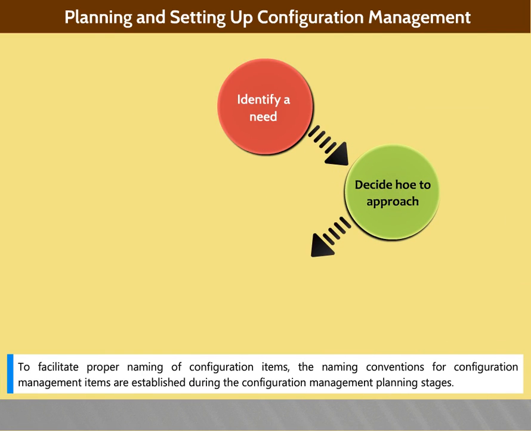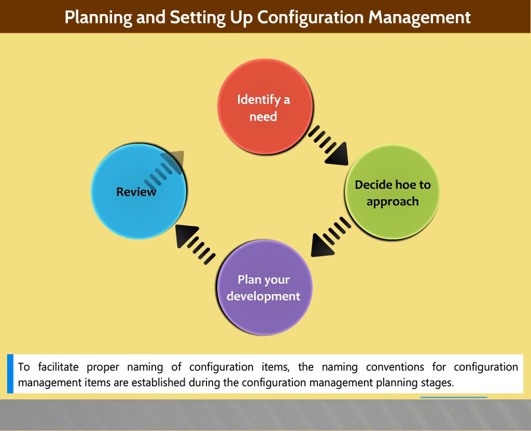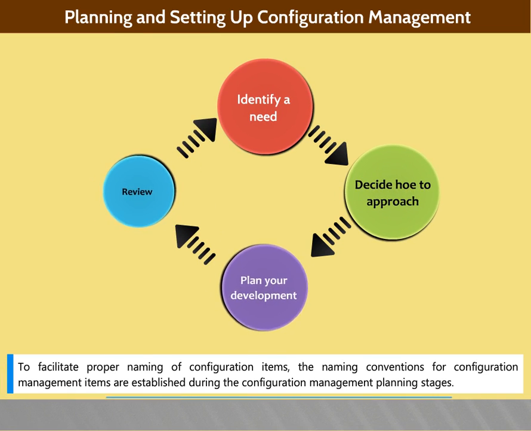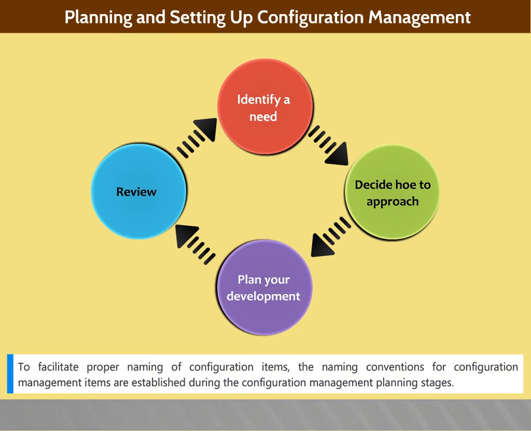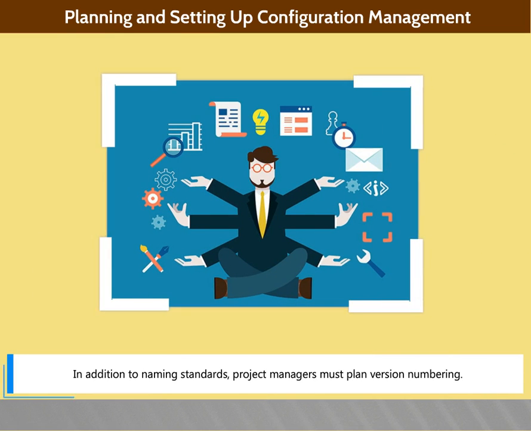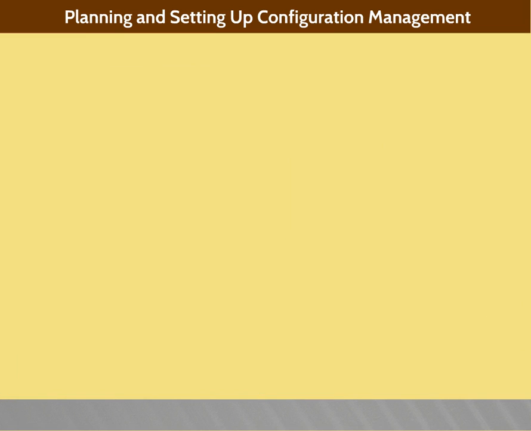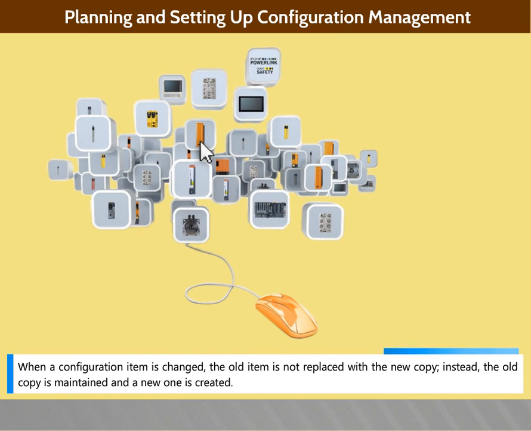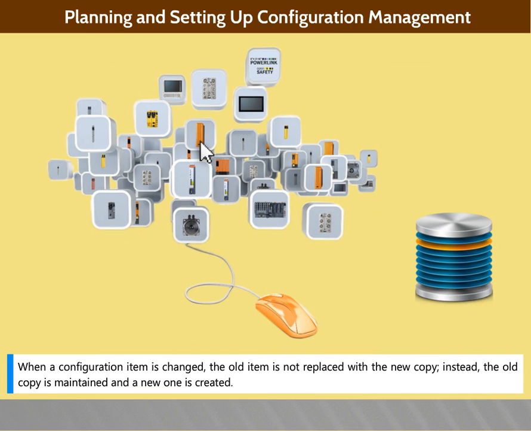To facilitate proper naming of configuration items, the naming conventions for CM items are established during the CM planning stages. In addition to naming standards, project managers must plan version numbering. When a configuration item is changed, the old item is not replaced with a new copy.